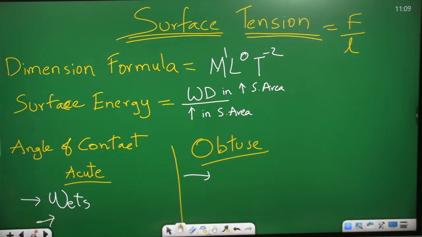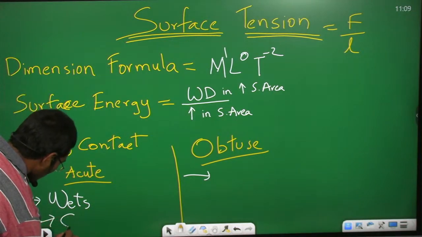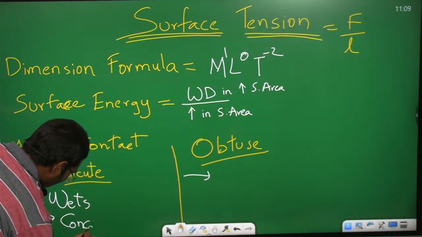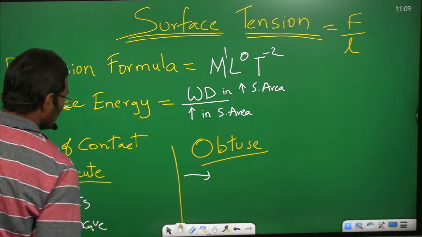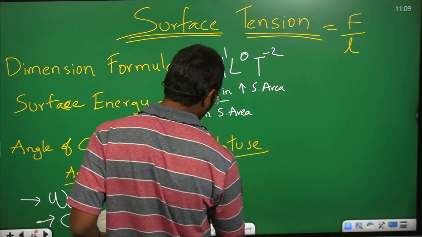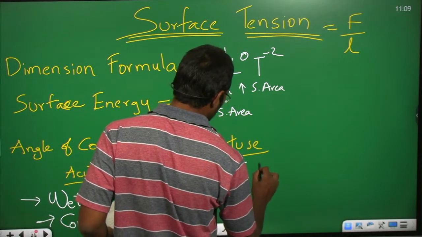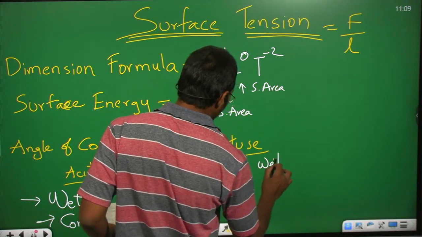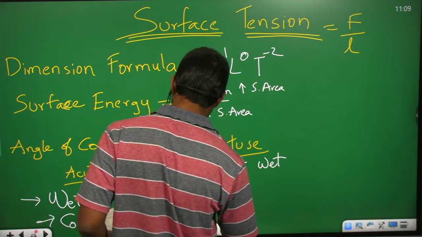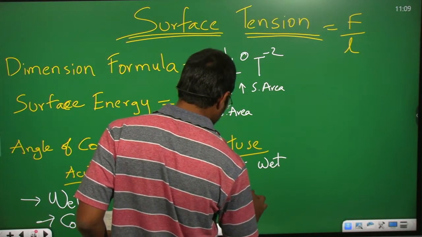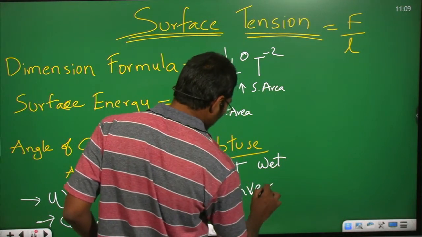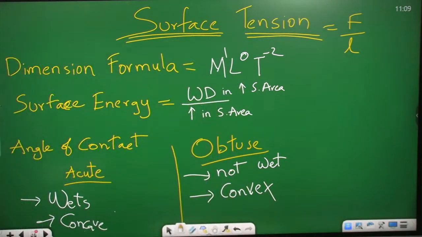Will it form a concave surface or convex surface? Concave. And here it will not wet, and it forms a convex surface at the end, okay?